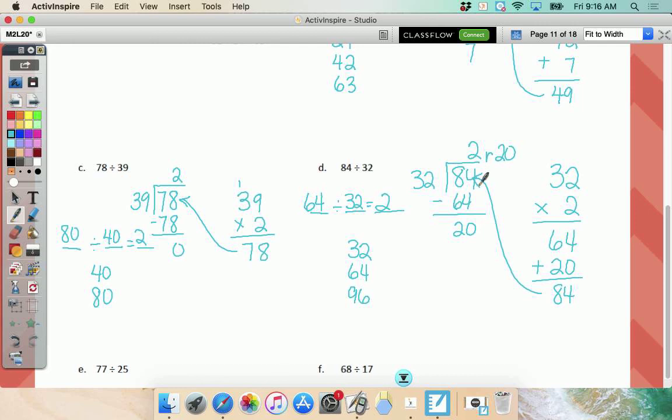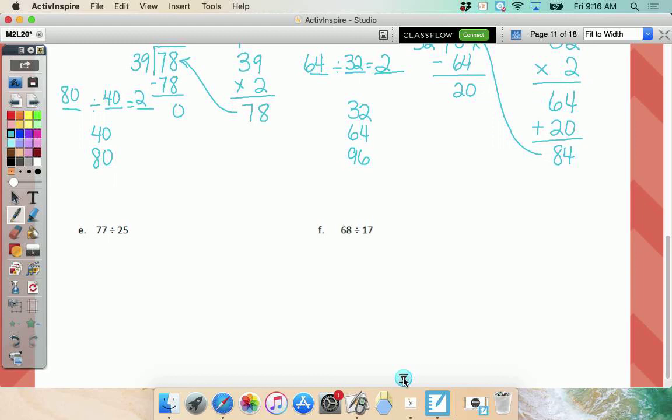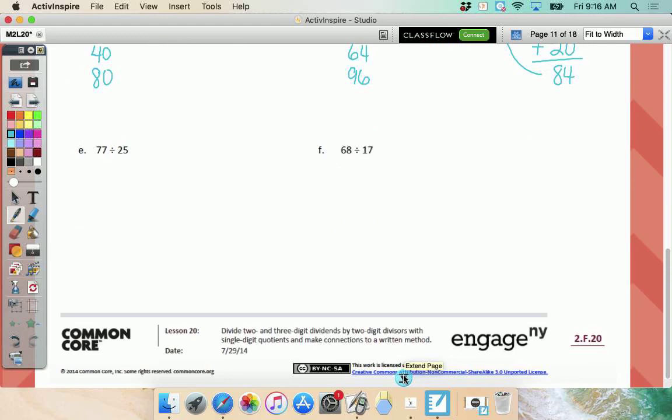Okay. Let's go down and look at the next two. E. First step is to write the problem. So do that before we talk about the divisor. Okay.